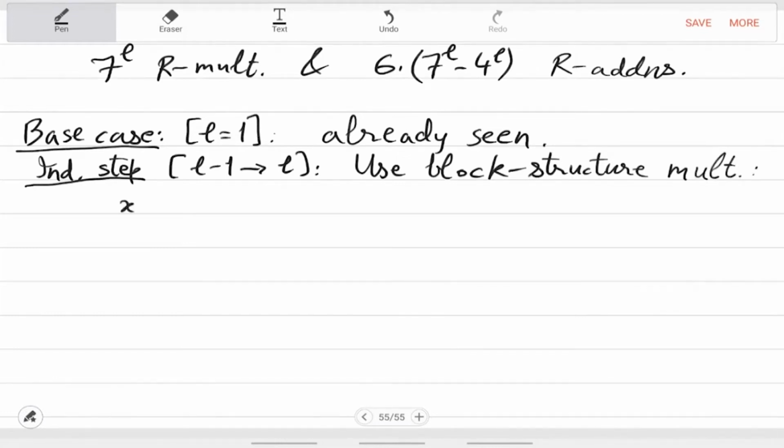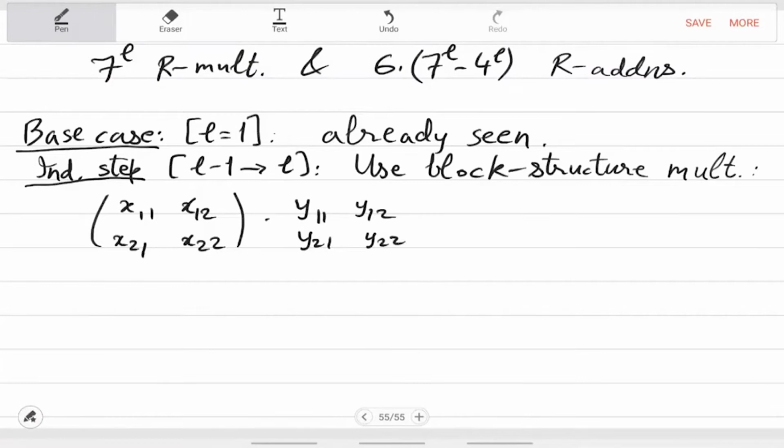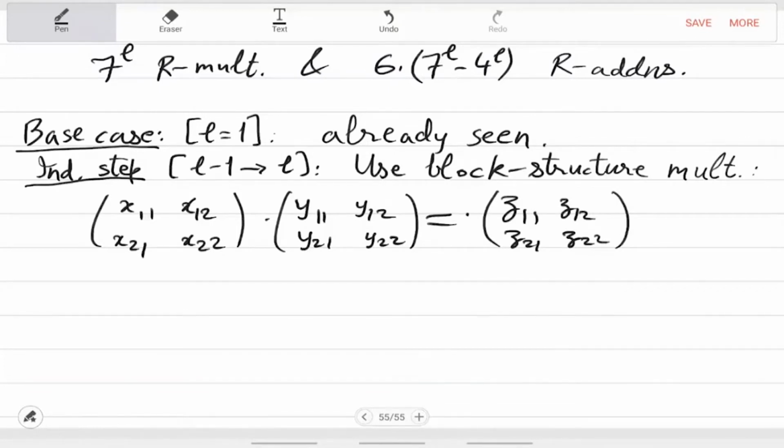So you look at x11, x12, where these xij's, yij's, zij's, they are 2 raised to L minus 1 cross 2 raised to L minus 1.